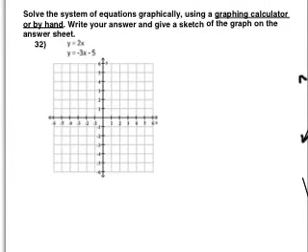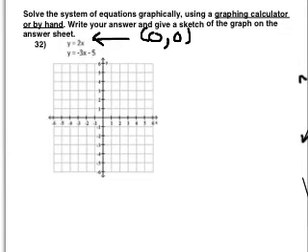Doing it by hand, you can make a table. You can use the y-intercepts. Actually, the y-intercept way isn't a bad idea for either of these equations. Because of the x and y intercepts, this one we know goes through 0, 0. Put in 0 for x and you're going to get 0.